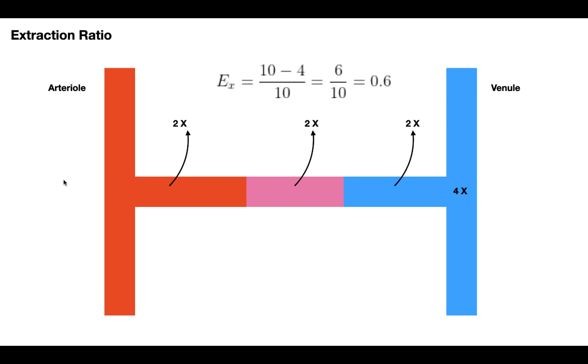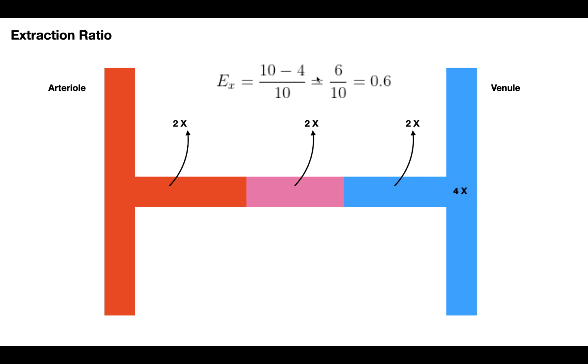interstitial fluid. Using this example, we calculate the extraction ratio by taking the original concentration of X, so remember we had 10 molecules at first, and subtracting from that the remaining concentration, the concentration of X that we have in the venule. The original was 10 and the final concentration was 4.